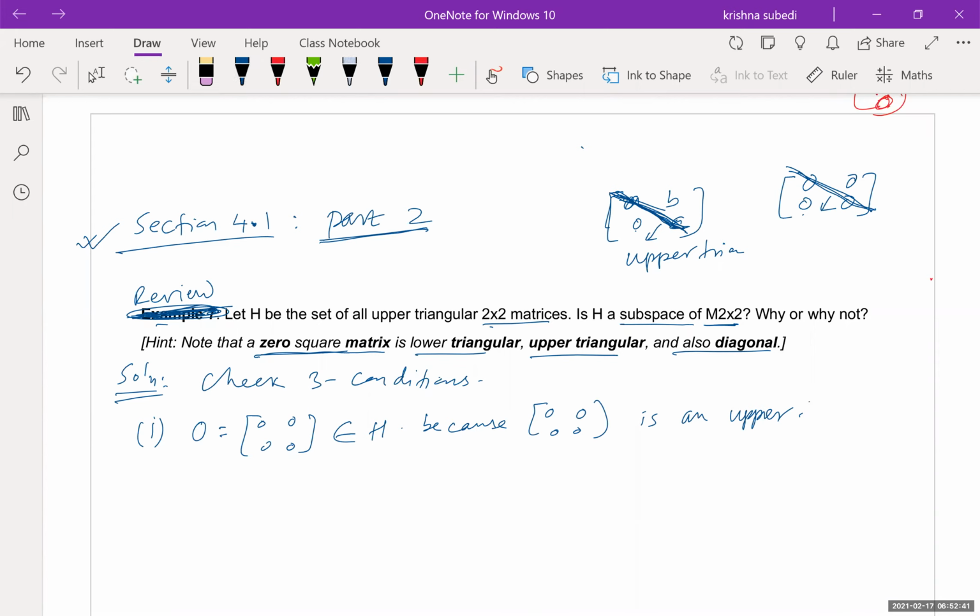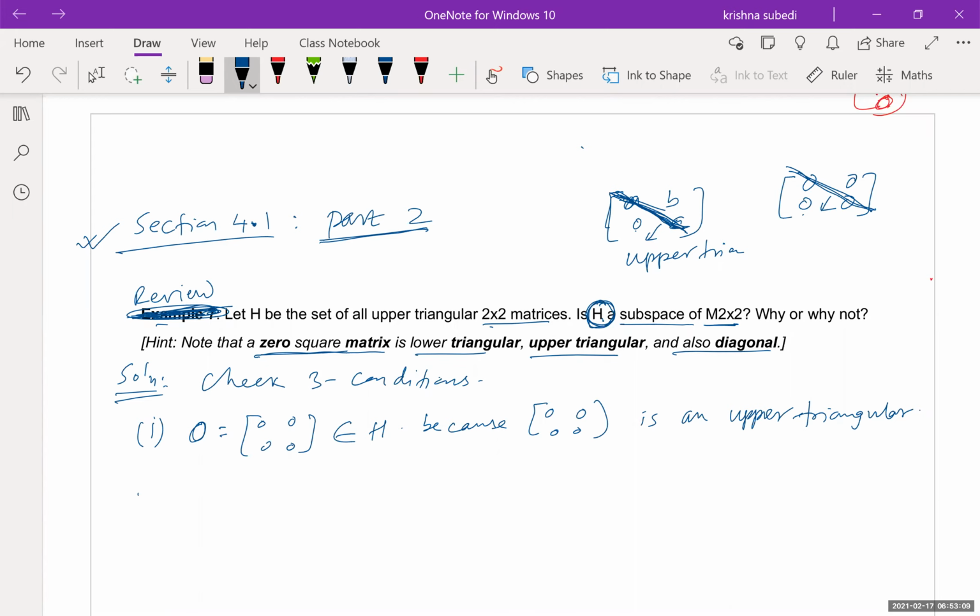Remember, H is a container. H is a space, and what kind of objects does this space have? All the upper triangular matrices. And the zero matrix in the case of 2 by 2 is 0, 0, 0, 0, and clearly this is upper triangular, so it must be in H.